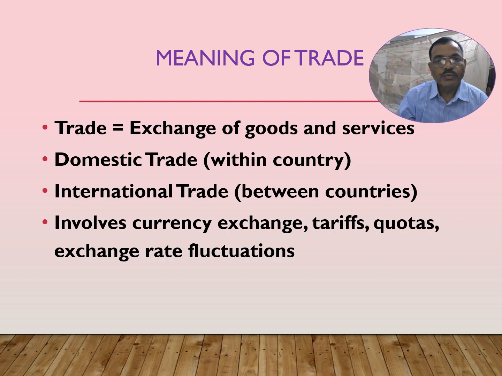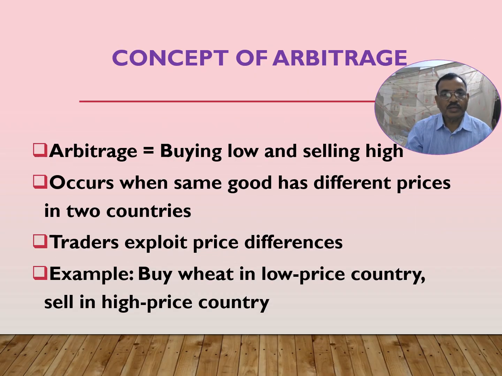Now we move to one of the most important concepts in international economics, that is arbitrage. Arbitrage means buying a product in a market where the price is low and selling it in another market where the price is high. It exploits price differences between markets.